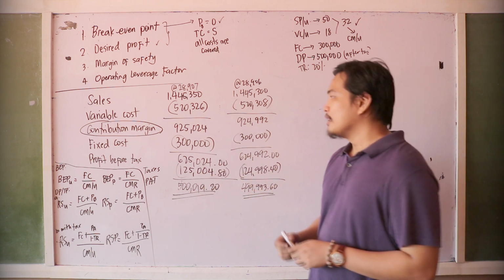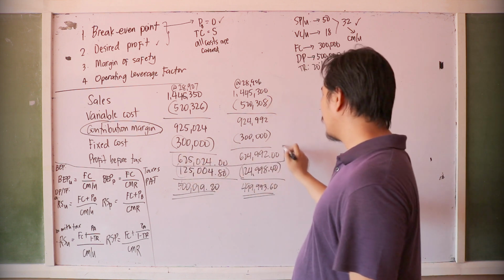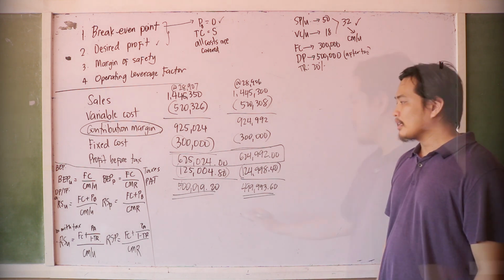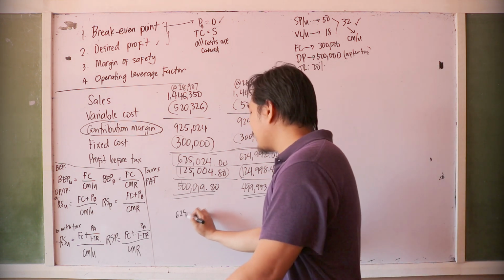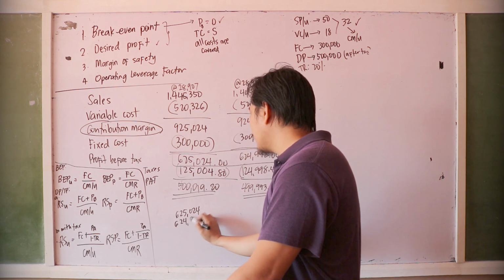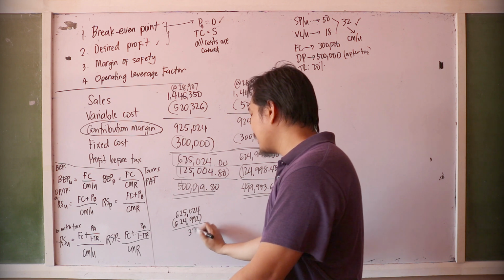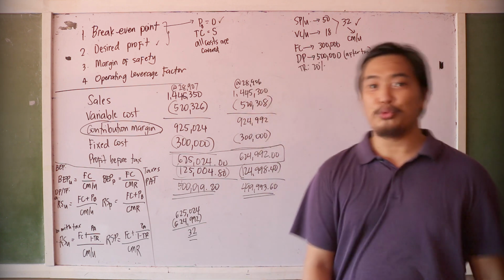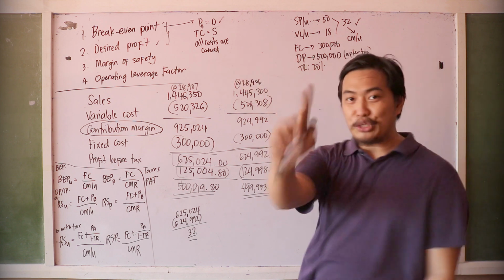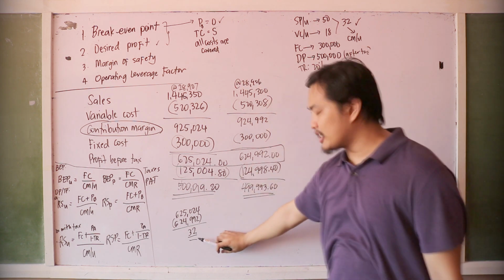Now, I want you to observe itong dalawang ito, yung profit before tax natin. 625,024 less 624,990. Ano kaya ang difference nila? 32. Bakit kaya 32? Kasi nga ang difference nila is 1 unit lang, and ang contribution margin per unit natin is 32.